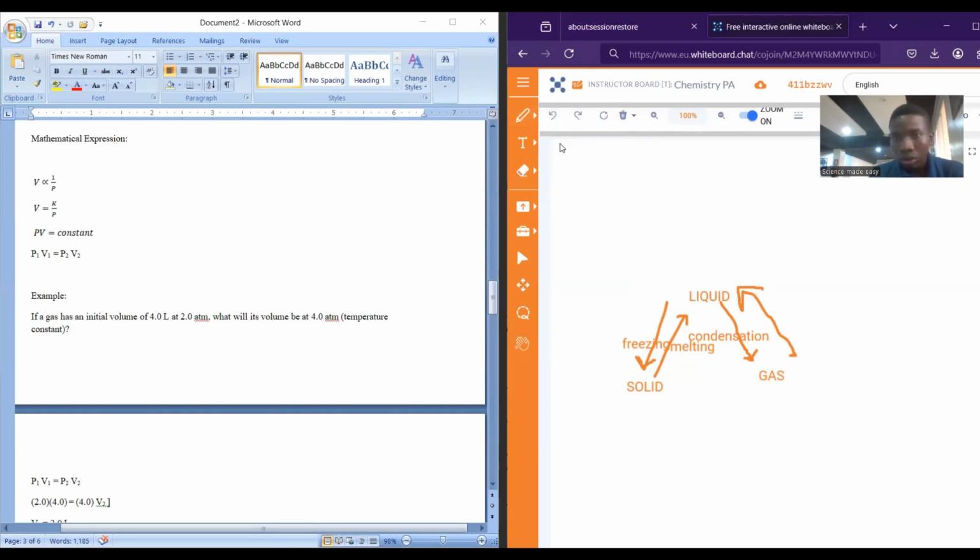Oh, sorry. There was a mistake here. Our liquid to gas is what we call evaporation. Our gas to liquid is condensation. So sorry about that. But our liquid to gas is evaporation.